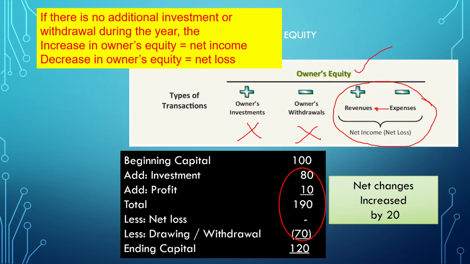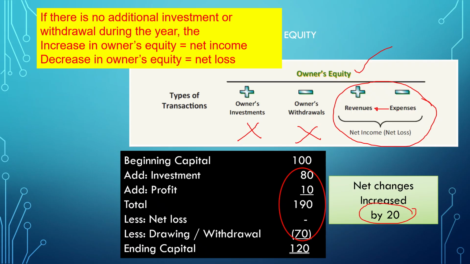So it's like when you have this, you remember this one, you have the beginning, from the previous slides. Now you have here the beginning capital and then ending capital, which are affected by the changes. Now take note, the changes is plus to investment, profit, and minus to withdrawal or drawing. In this case, there was the net increase of 20, right?